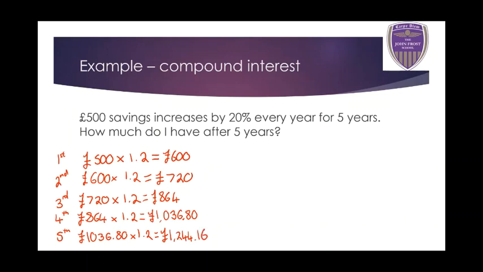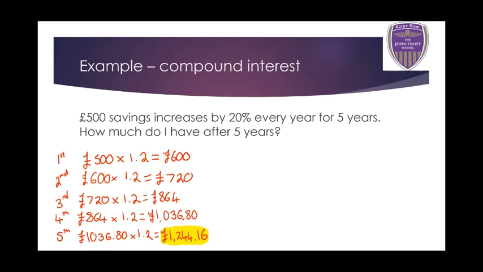Okay, so after 5 years, we've multiplied each new number in the bank account by 1.2. We've increased it by 20%, and we end up with £1,244.16. Now, there is a much, much, much easier way to do this, okay? Because if you think about it, what we've really done is £500 times 1.2 5 times.